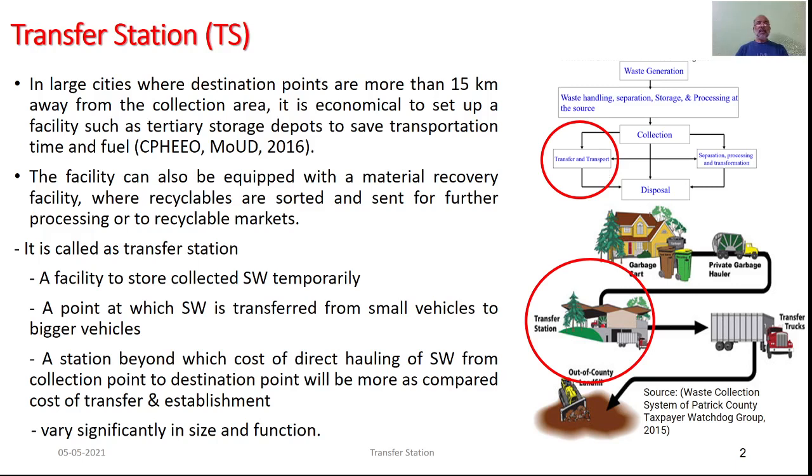Now let's speak about this transfer station. According to the Ministry of Urban Development, in large cities where destination points are more than 15 km away from the collection area, it is economical to set up a facility such as a tertiary storage depot to save transportation time and fuel.